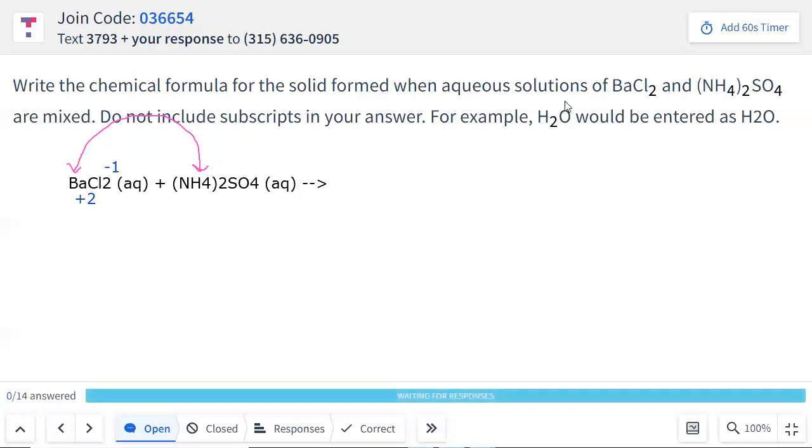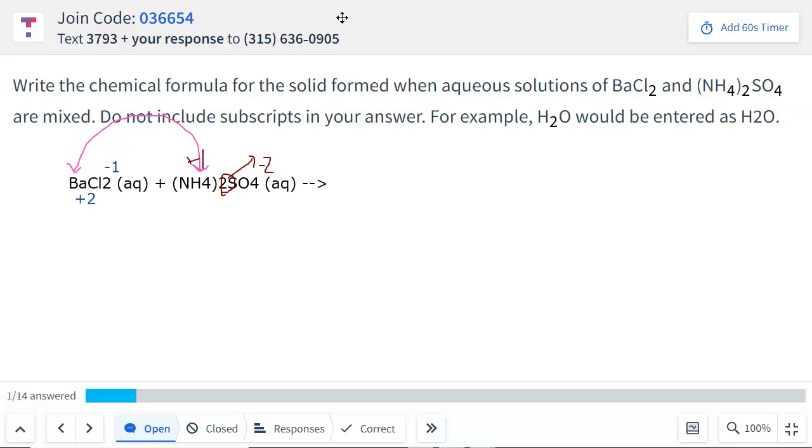If you remember, when we talked about the concept of taking charges and crossing them over to make subscripts when they don't agree, we can reverse that concept when trying to figure out charges. So the subscript of 2 here tells us that the sulfate charge must be -2. The lack of subscript on the sulfate tells us that the charge on the ammonium is +1.